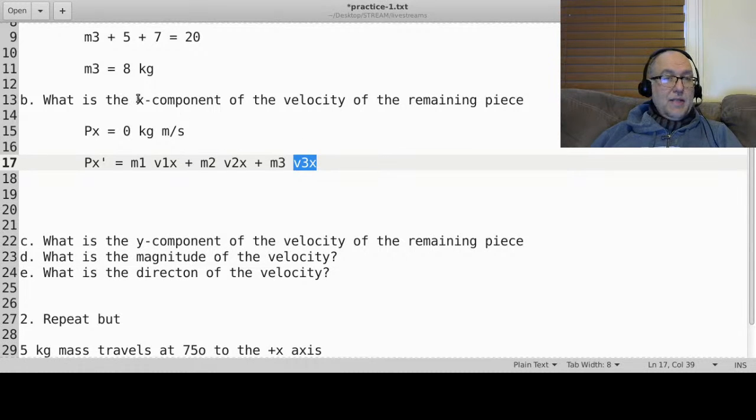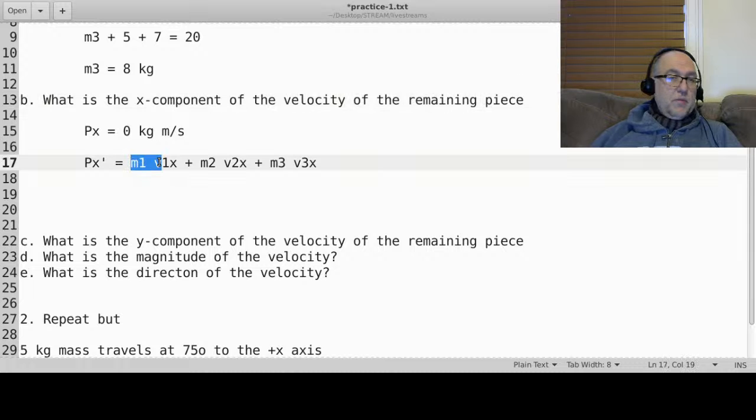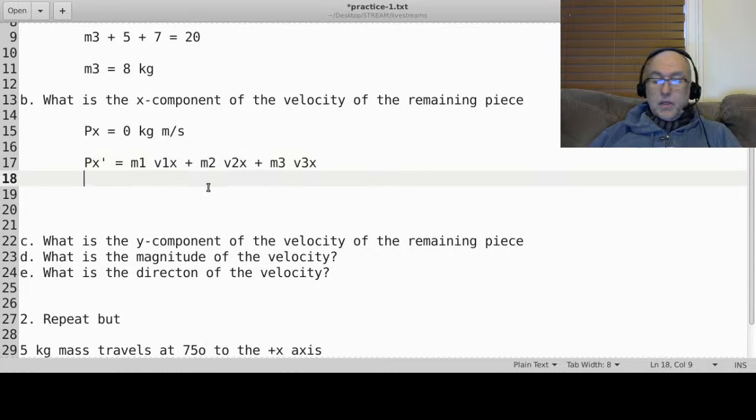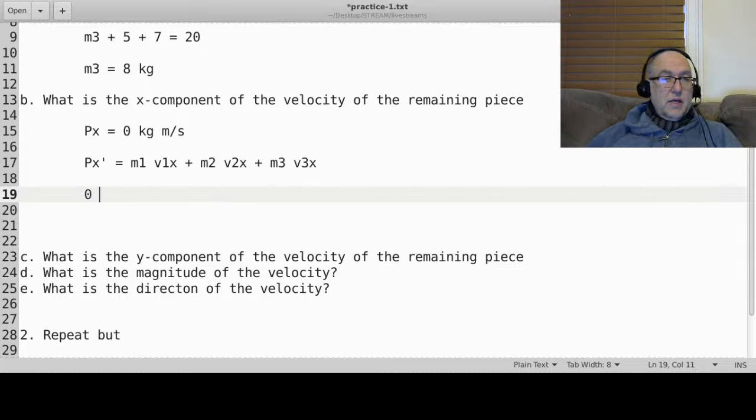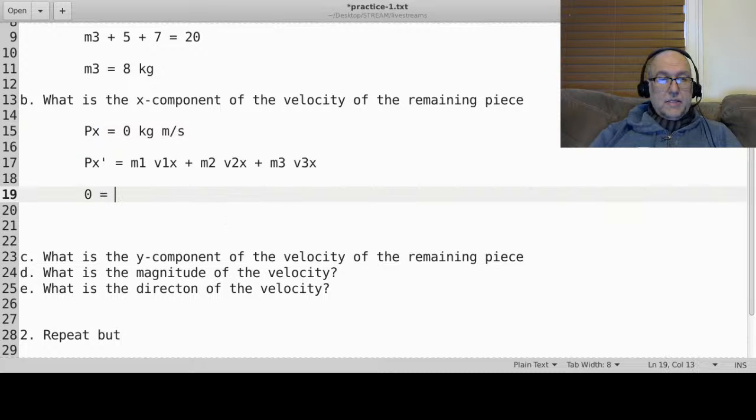Why? Because I'm asking for the x component of the remaining piece. The 5 kilogram, the 7 kilogram, and the remaining piece is m3, whose x component is v3x. So if you substitute in the numbers, the momentum after and before, x component, has to be 0. That's going to equal 5 times v1x.